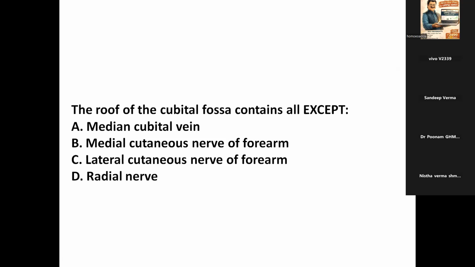Anyone? Okay, option D. Superficial fascia has all things: median cubital vein, medial cutaneous nerve of forearm, lateral cutaneous nerve of forearm, but it was not having the radial nerve. So the correct answer is option D. Any confusion? Any doubts?